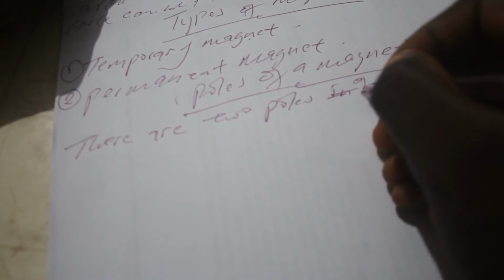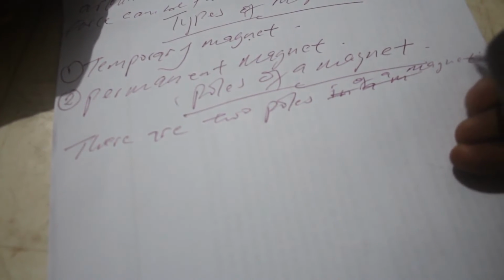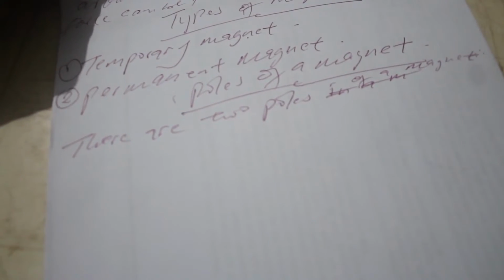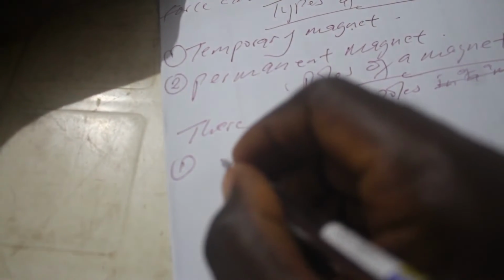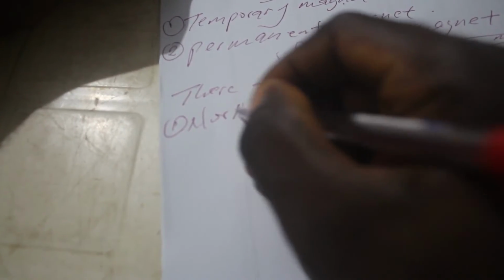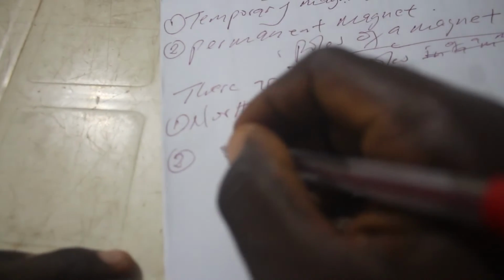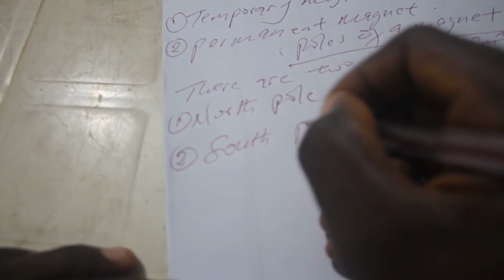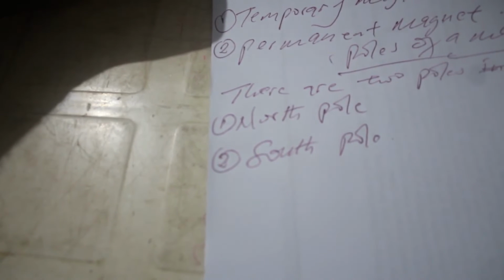Two poles of a magnet or magnetic field. So the first one is the North Pole, and the second one is the South Pole. So these are the two poles of a magnet.